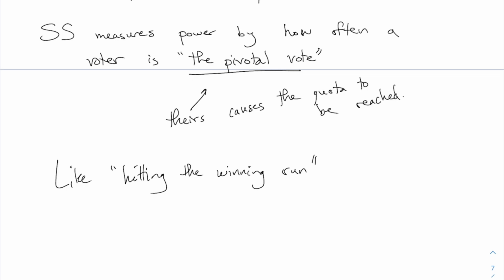Anyway, this is what the Shapley-Shubik is based on, though. This idea of who is the kid who actually scored the point that made us win the game. That's what the Shapley-Shubik is all about, and we consider this.